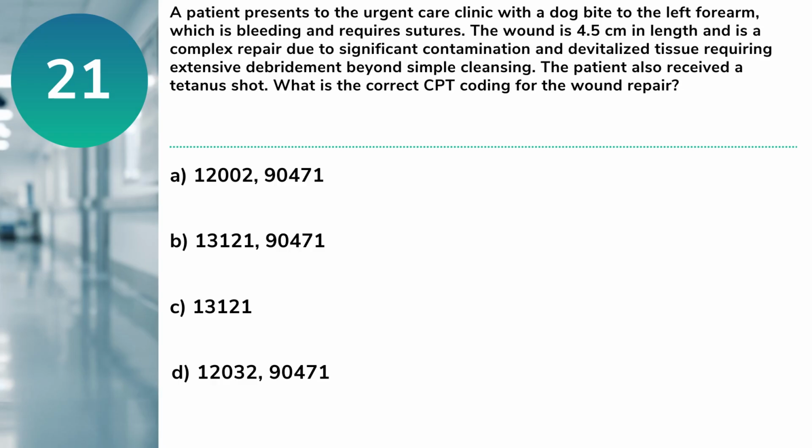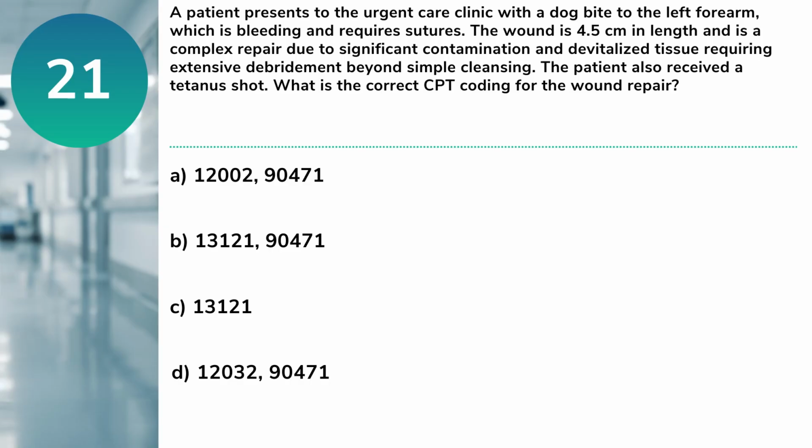Question 21. A patient presents to the urgent care clinic with a dog bite to the left forearm, which is bleeding and requires sutures. The wound is 4.5 centimeters in length and is a complex repair due to significant contamination and devitalized tissue requiring extensive debridement beyond simple cleansing. The patient also received a tetanus shot.